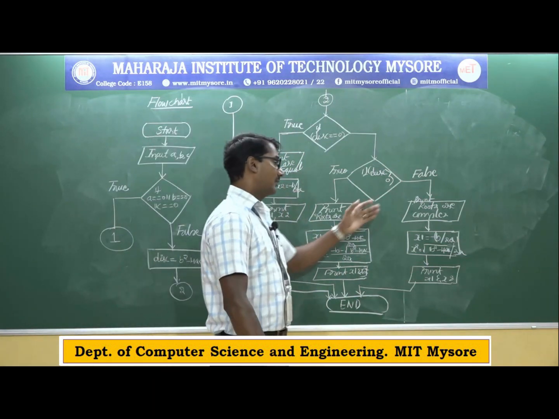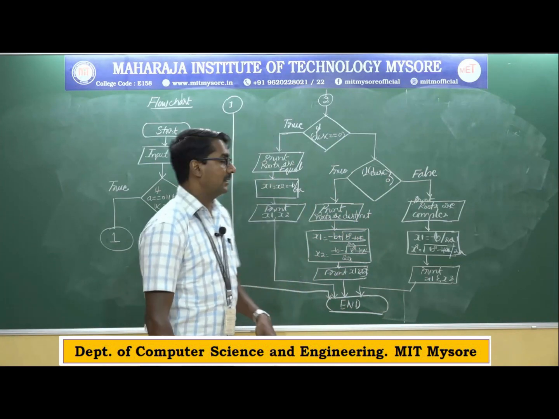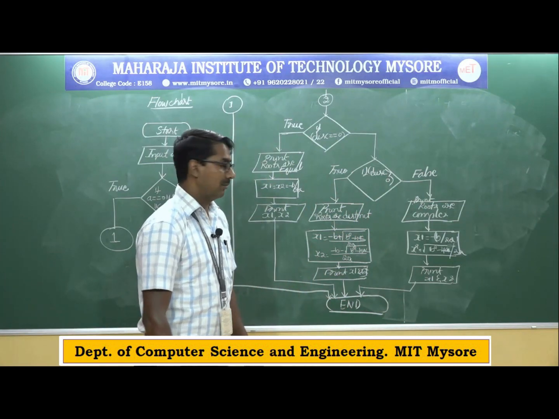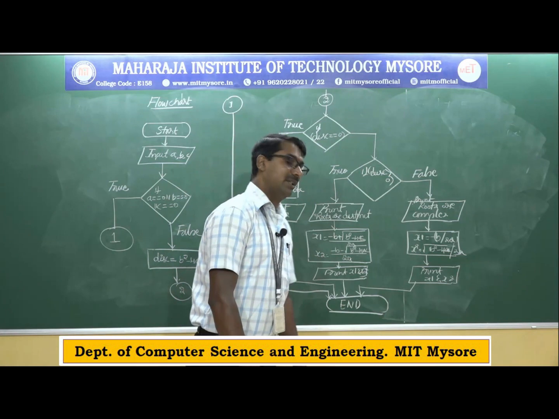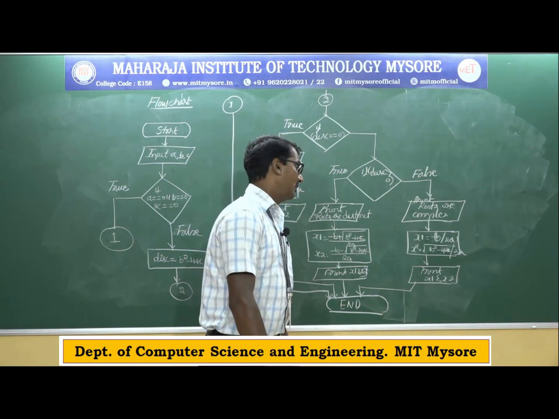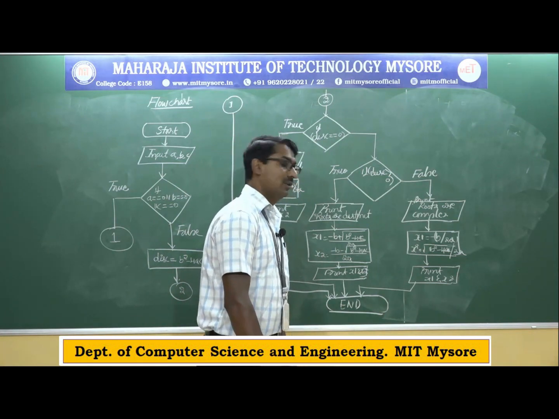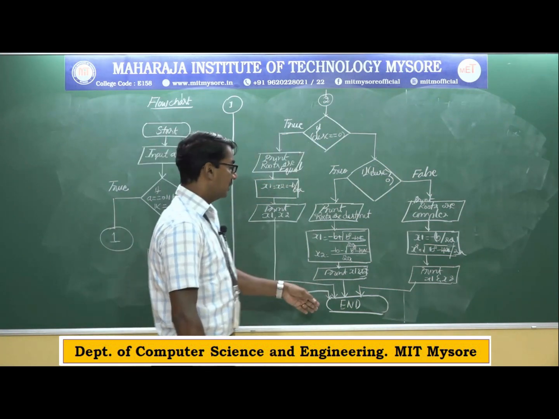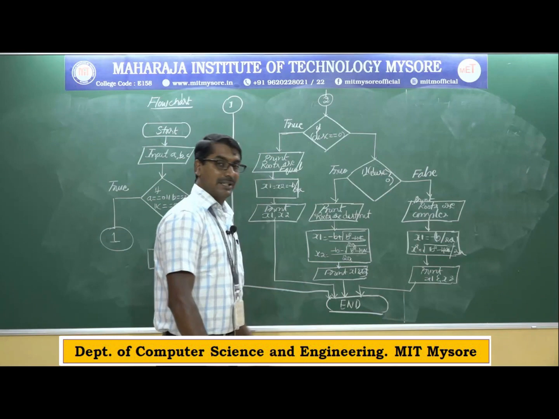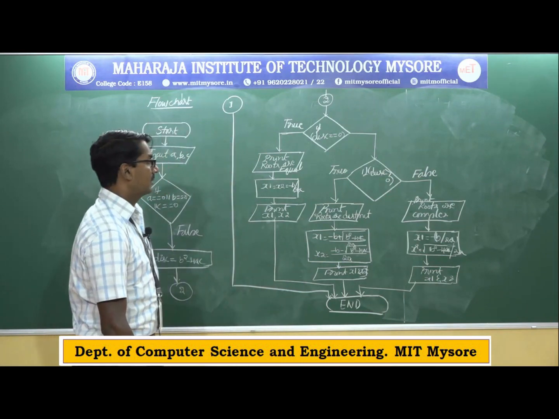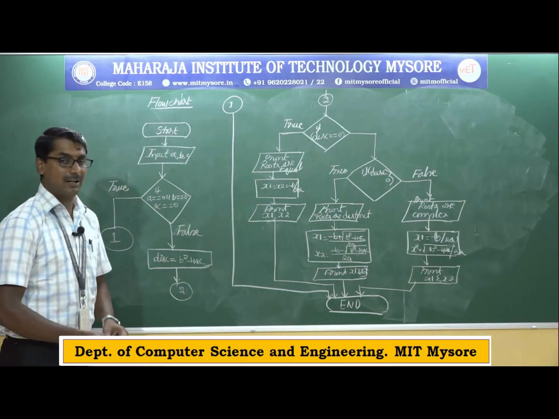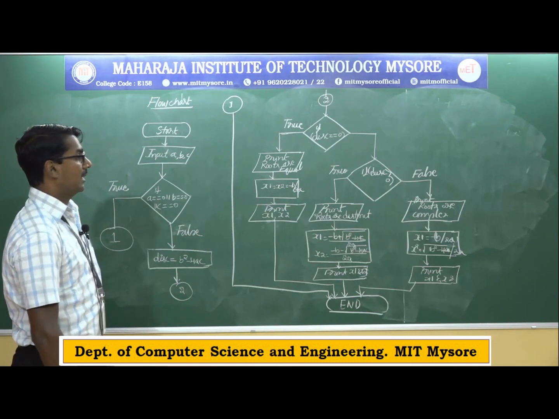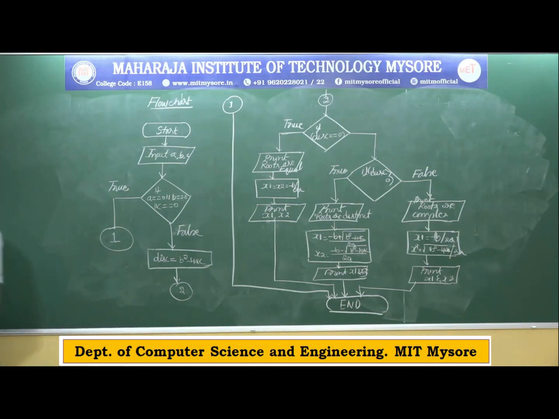If this condition is not satisfied, then in the remaining case roots are complex. Here x1 is equal to minus b divided by 2a, x2 is equal to square root of b square minus 4ac divided by 2a. Then after exiting any one of the cases, it will move to the end of the statement. Okay, this is the flowchart for solving the quadratic equation.